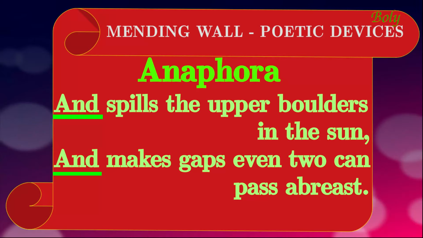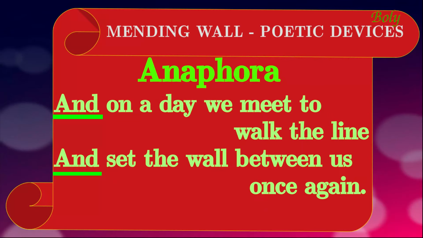The word and, that is the first word of the first line, is repeated in the second line too. Again another example with the same word and. And on a day we meet to walk the line and set the wall between us once again. So these two are examples of anaphora in Mending Wall.